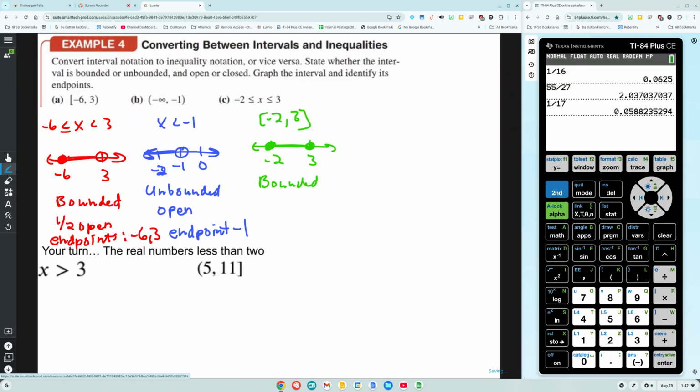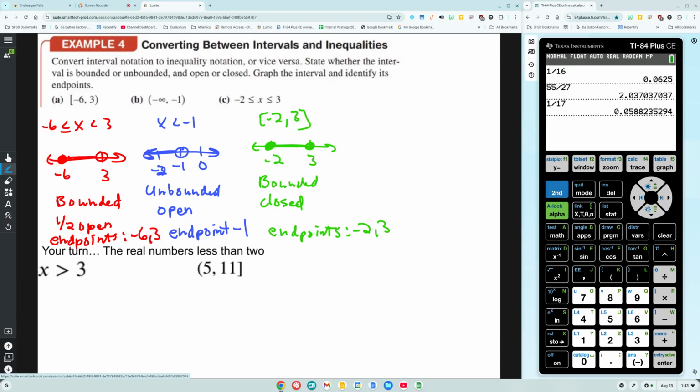I'm looking at the top and the bottom, both closed dots, which means this is not an open interval, this is a closed interval. And not only that, I need to identify my endpoints. My two endpoints are -2 and 3.